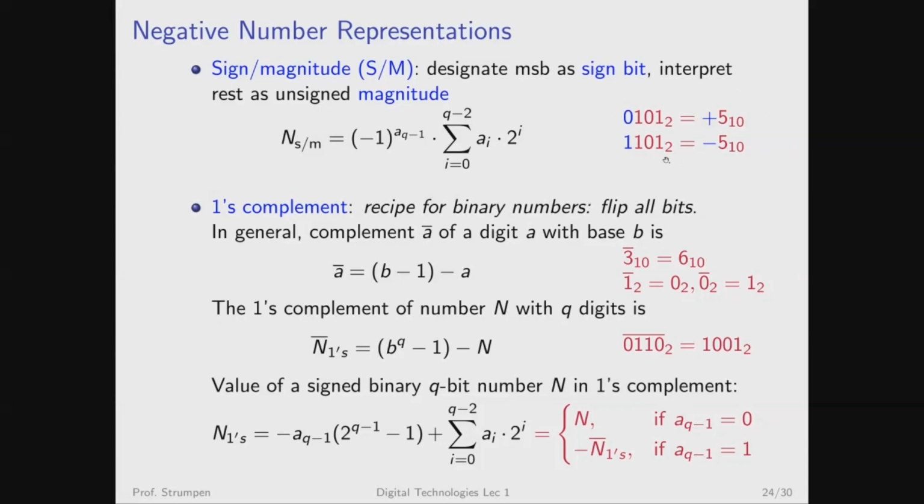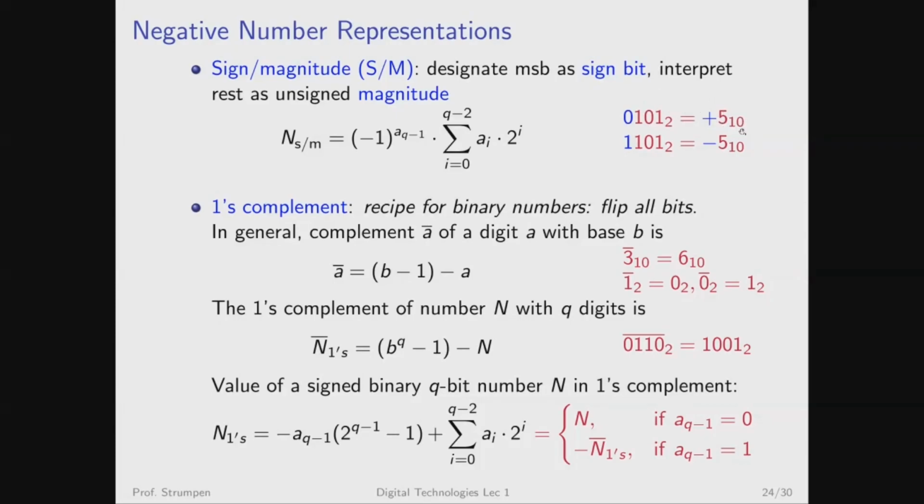On the top right, you have two examples, right? If you are given a 4-bit binary number, simply interpret the most significant bit, 0, in the first equation as the positive sign, and the remaining 3 bits give you the magnitude of the number. So 101 is 4 plus no 2 plus 1, which is 5.